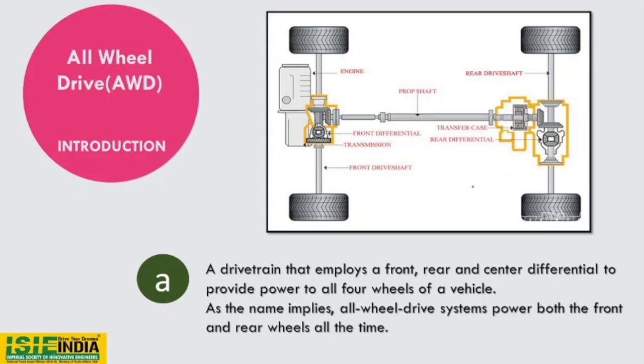Therefore, in actual practice, there are two types of drivetrains that are called all-wheel drive. In the first, the drivetrain in which all the wheels drive continuously is regarded as full-time all-wheel drive. In the second option, we have a part-time all-wheel drive, or you can say automatic all-wheel drive.